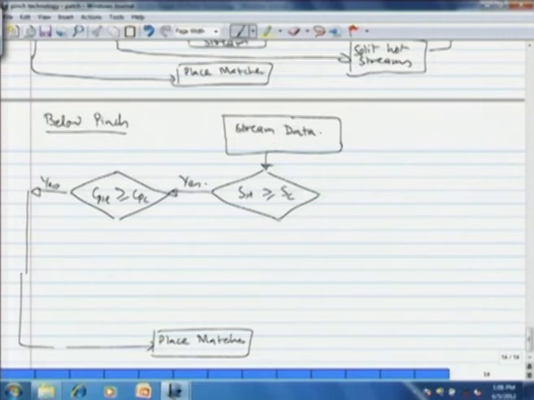In case the stream population criteria is not satisfied, then you have to go and split the hot streams, and once again check whether the stream population criteria is satisfied, then the CP criteria is satisfied, and then if that is done, you place the matches.